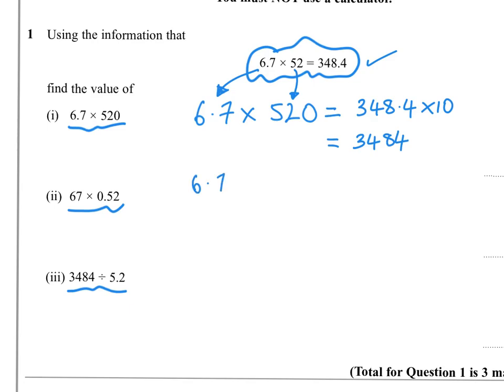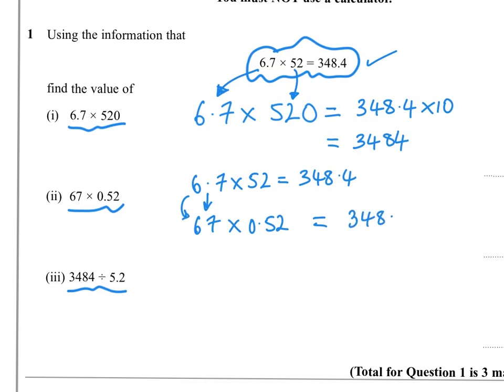So let's have a look at the second one. If I write the original here, there we go, and we want to do 67 times 0.52. Well, first of all, we know that 6.7 has actually got 10 times bigger, so we know it would be 348.4 times 10.